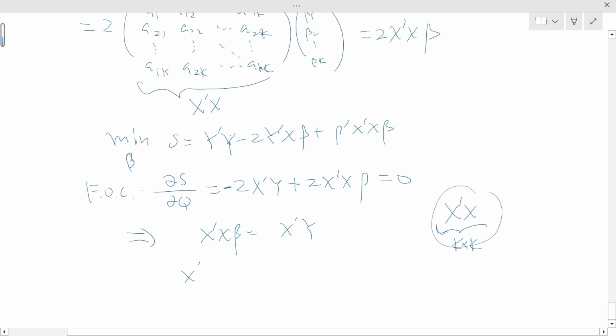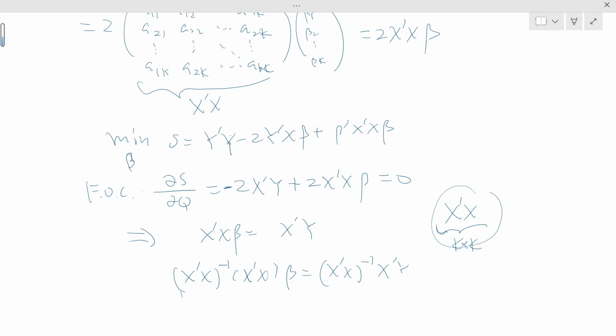So we multiply both sides on the left by its inverse, and this becomes I, the identity matrix of K. And the identity matrix multiplied by any beta still gives beta.